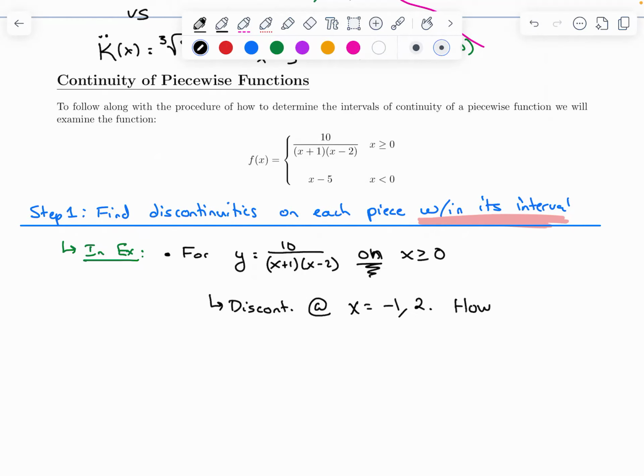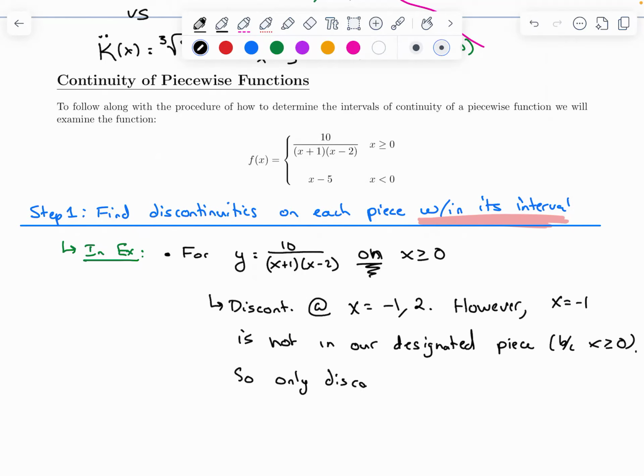However, x equals negative 1 is not in our designated piece because x is greater than or equal to 0. So the only discontinuity is at x equals 2.